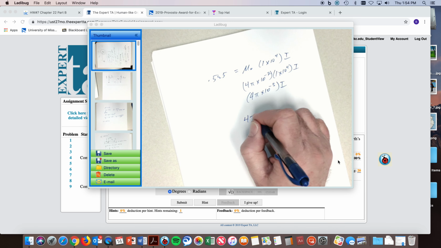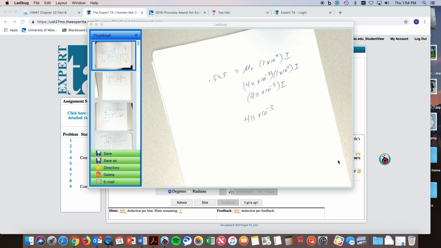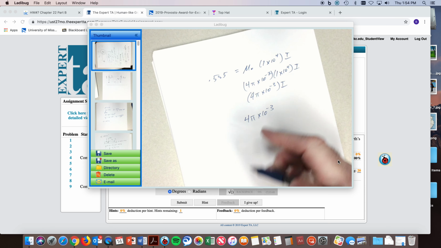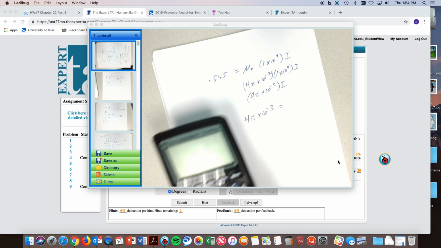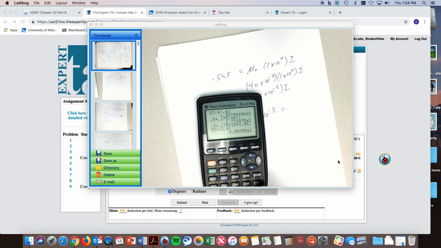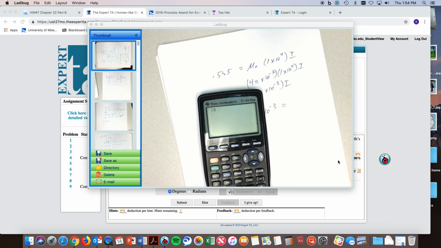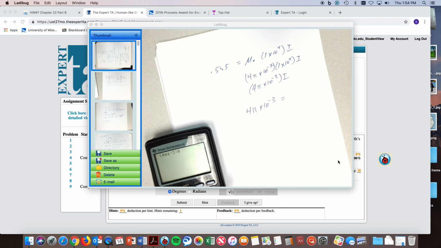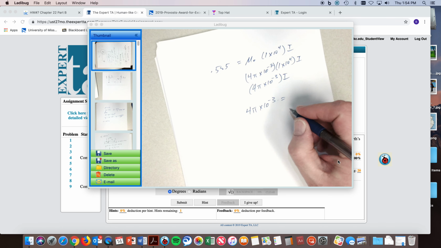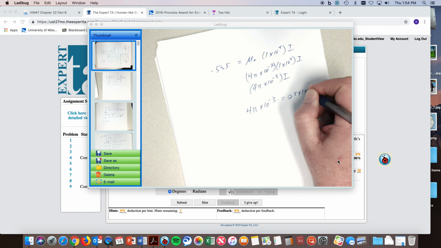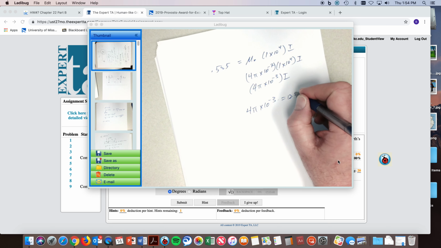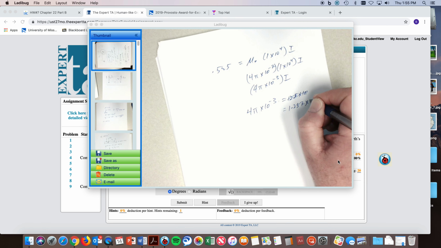And 4 pi times 10 to the negative 3 we can do pretty quick on the calculator: 4 times pi times e to the negative 3, not 7 this time, is equal to 1.257 times 10 to the negative 2.